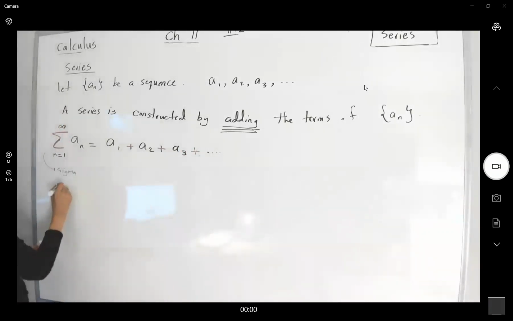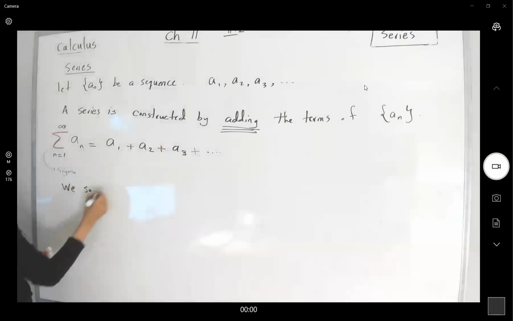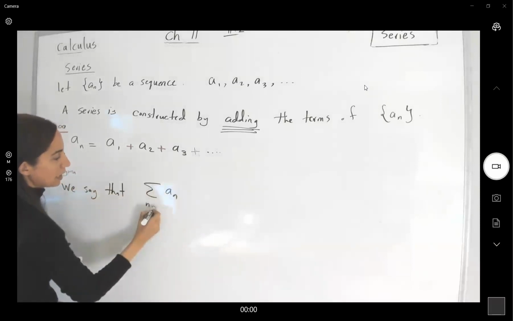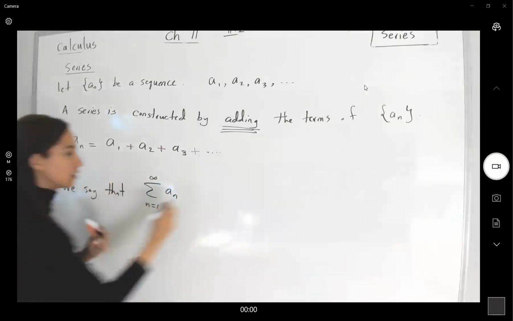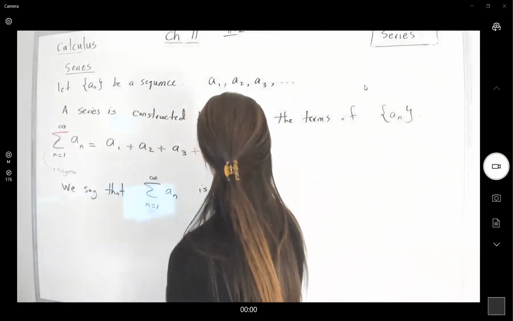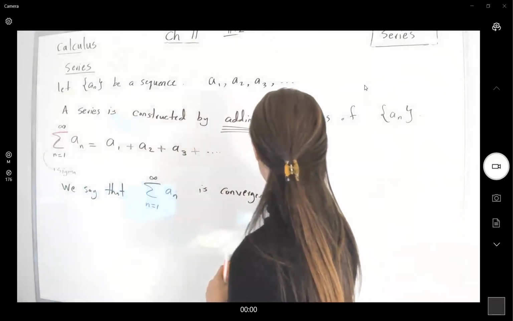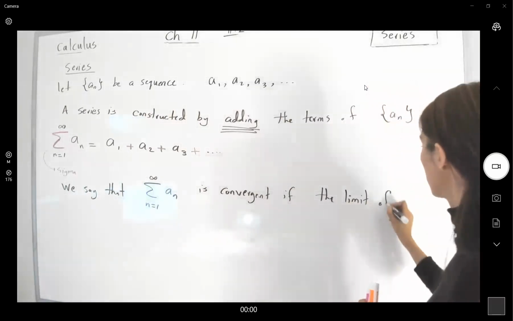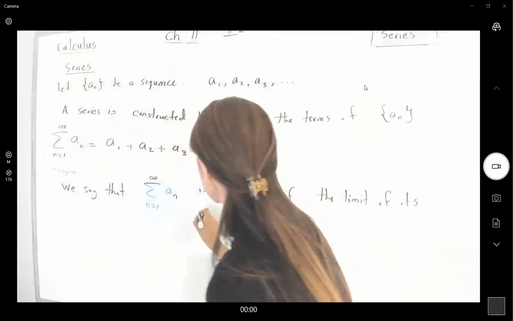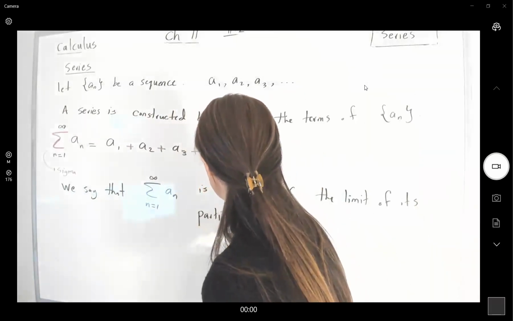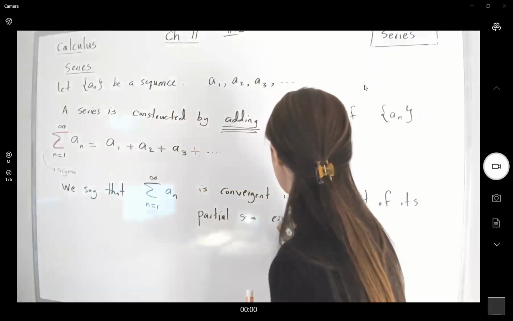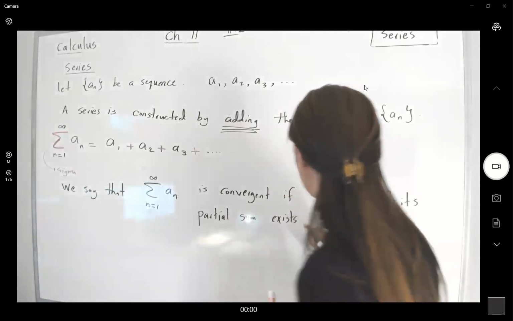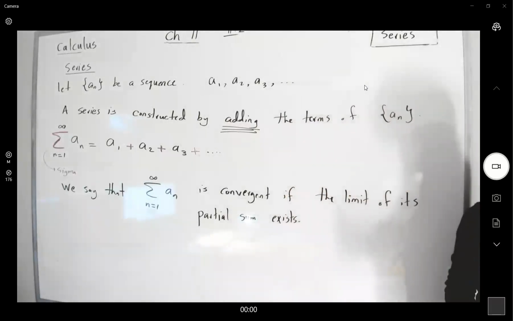We say that the series sum of a n, n starts from 1 to infinity, is convergent if the limit of its partial sum exists. What is a partial sum?